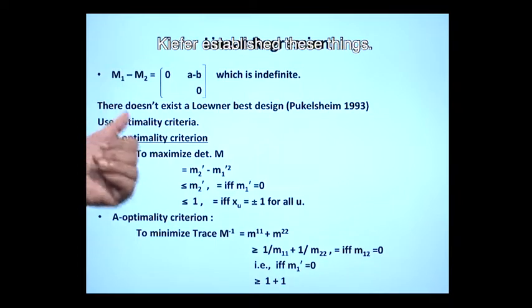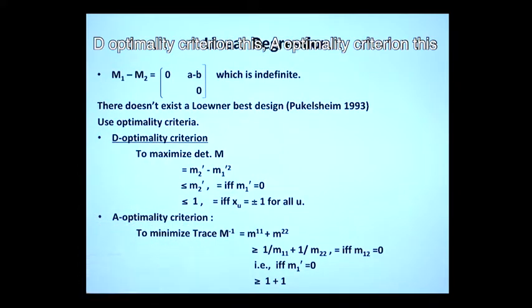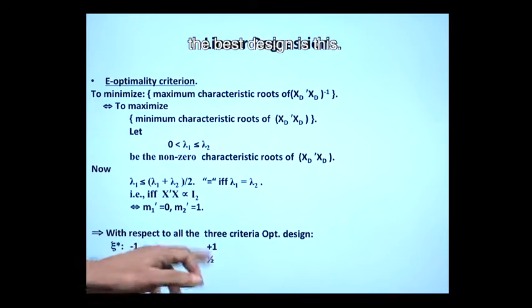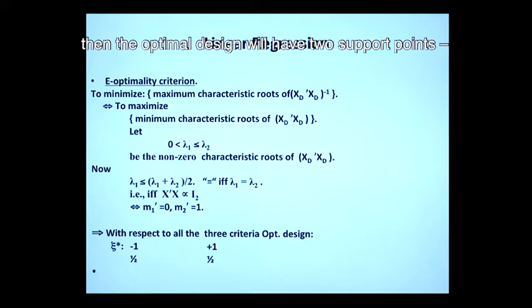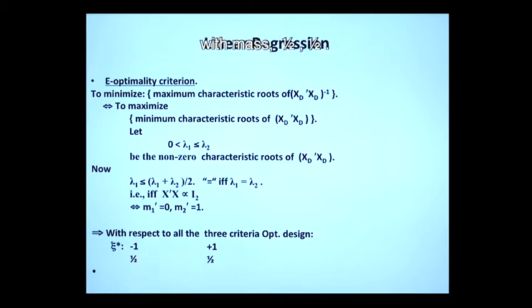Kiefer established D optimality criteria, E optimality criteria, and it can be shown that for all these optimality criteria the best design is this: if we have our domain from -1 to +1, then the optimum design will have two support points, called support points, with mass half-half.